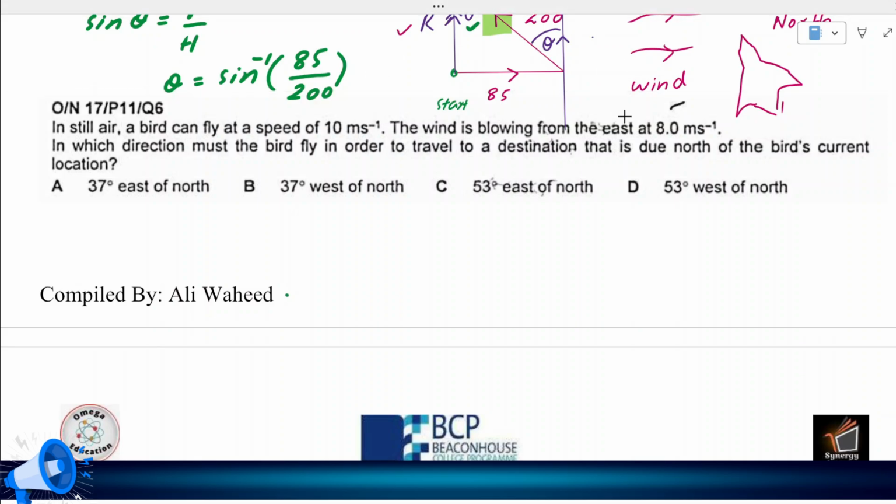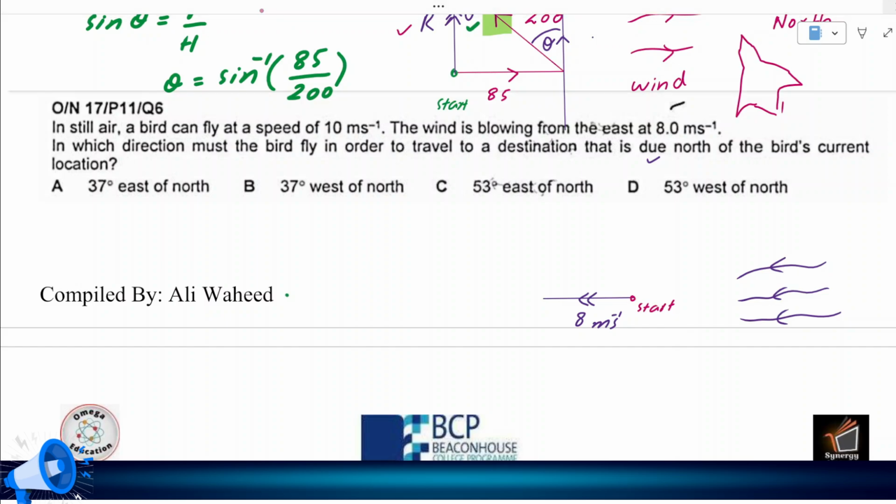In this case, the wind blows from east, which means the direction of the wind would be towards west. And the magnitude is 8 meters per second. And the bird has to fly due north, which means the resultant has to be towards north.